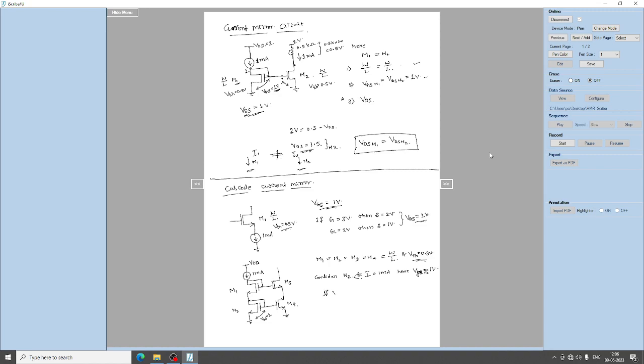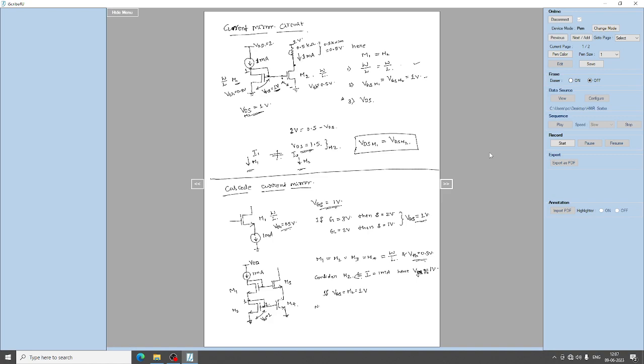If VGS of M2 is 1 volt, that is, gate is at 1 volt and source is at ground, the drain of M2 is also at 1 volt because gate and drain are shorted.